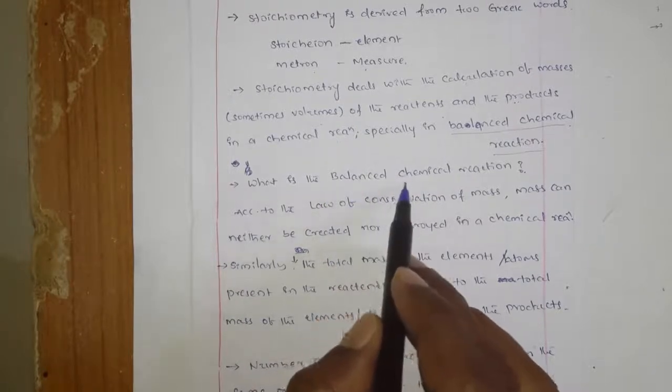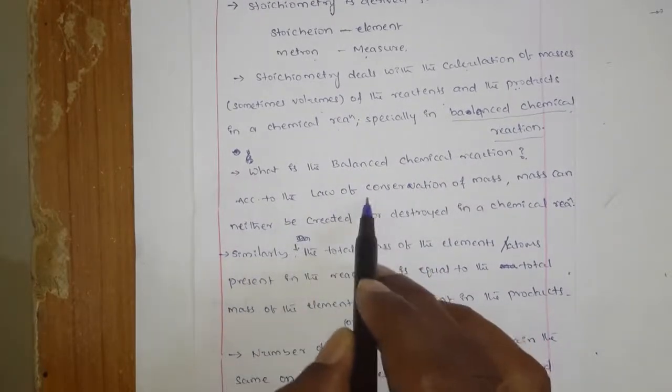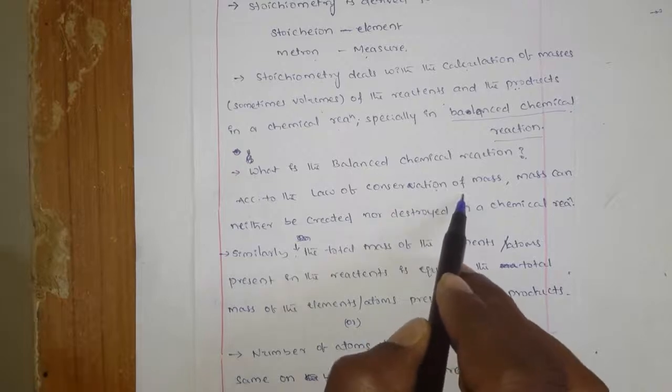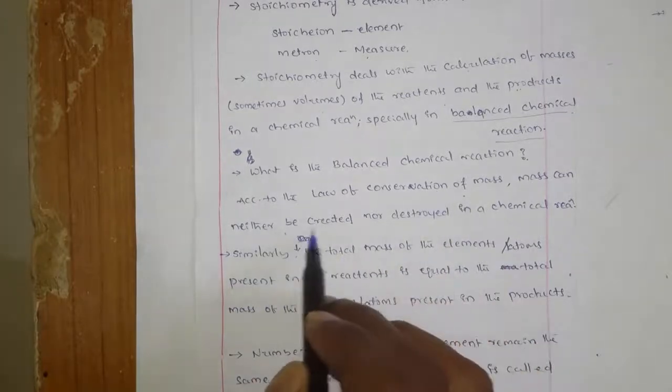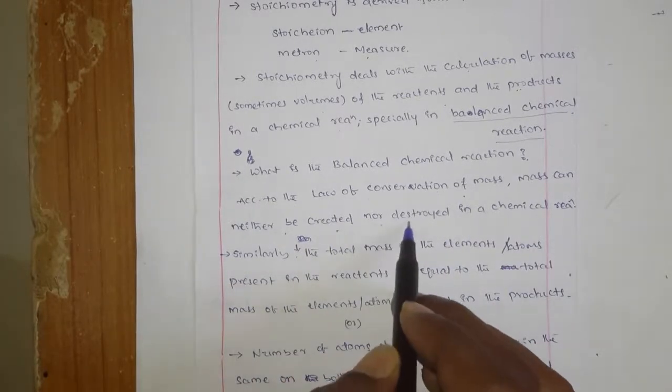Before going to balancing a reaction, you know that according to the law of conservation of mass, mass can neither be created nor destroyed.